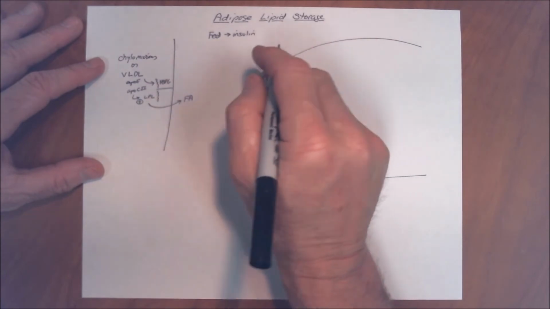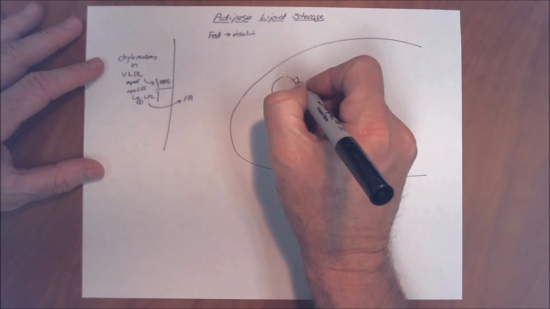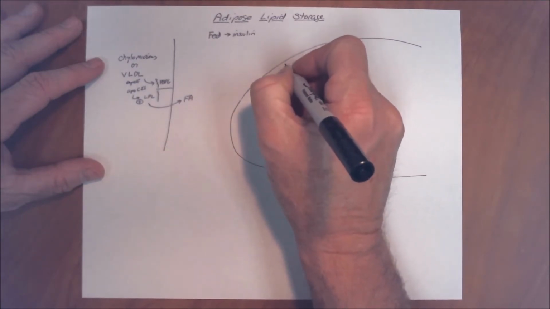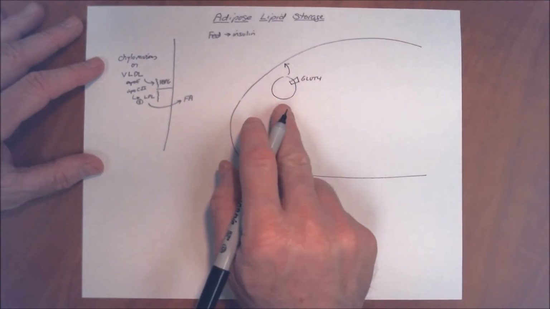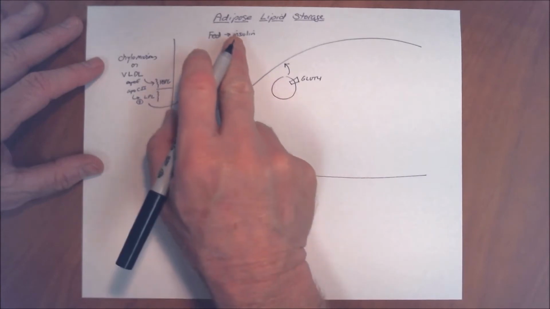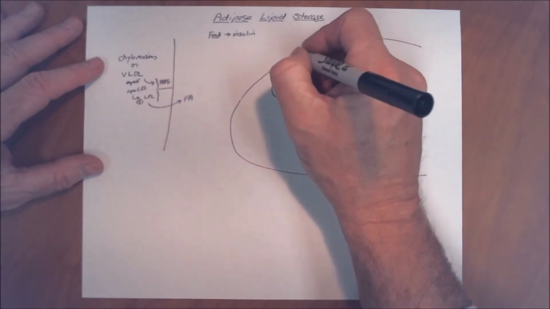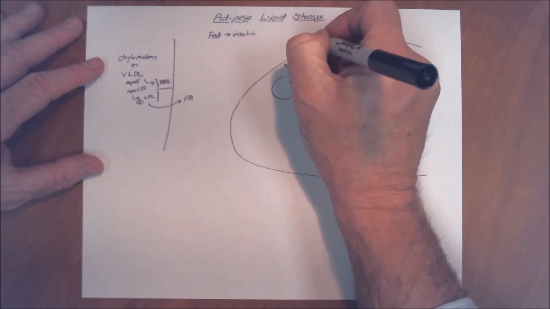Insulin will bind to its receptor and trigger the movement of GLUT4 containing vesicles to the cell surface. So this is analogous to skeletal muscle's response to insulin. Insulin will cause the mobilization of these vesicles and place GLUT4 in the plasma membrane.